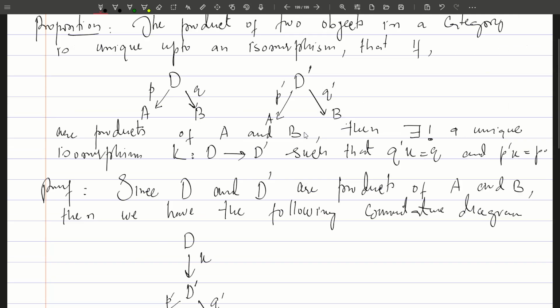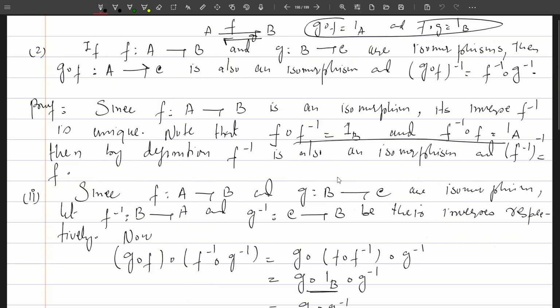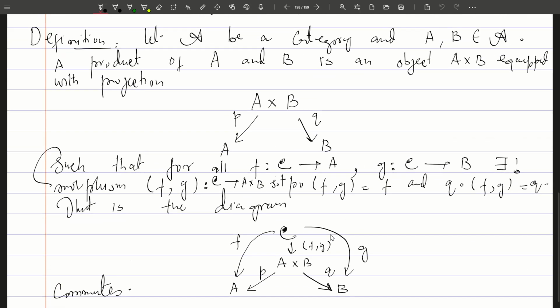So let us go to the previous page. What is the definition of product? We say if C is any object, then from this object to object A cross B, we have this unique morphism such that this diagram commutes.